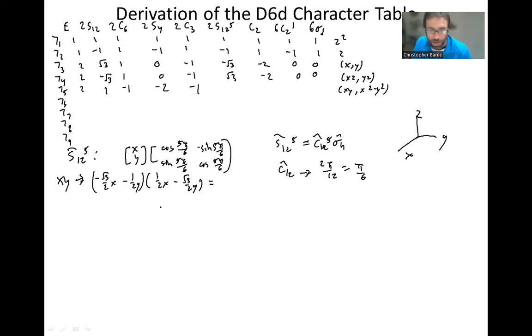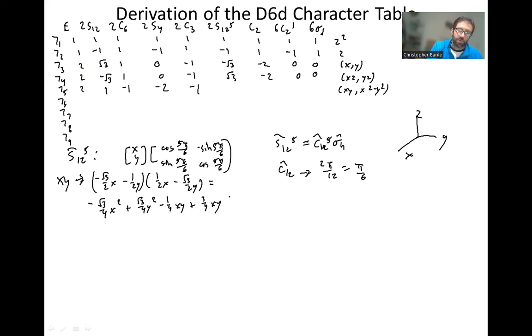And so if we go ahead and multiply these things out, as we've gotten accustomed to doing many times so far in this video, we get negative root 3 over 4 x squared, and we get the y terms here as being positive root 3 over 4 y squared, and we get a minus 1/4 xy for these middle terms, and for the outer terms here, we get a positive 3/4 xy.